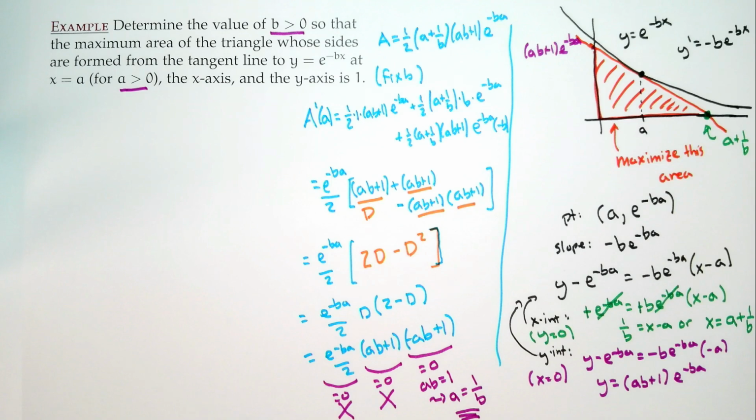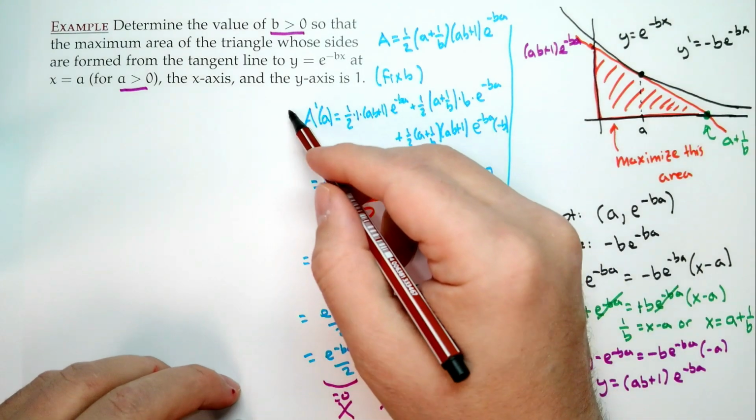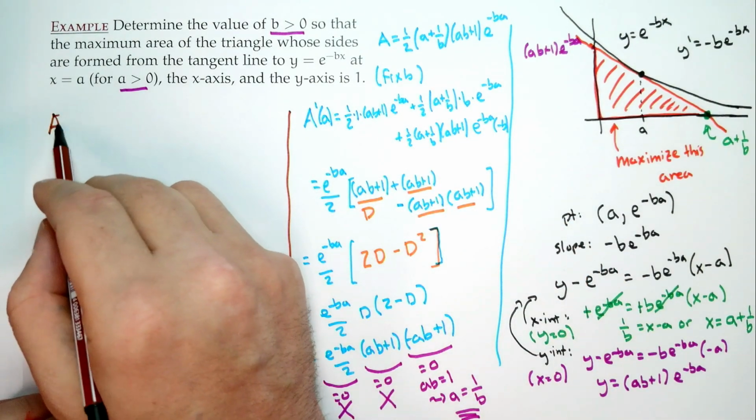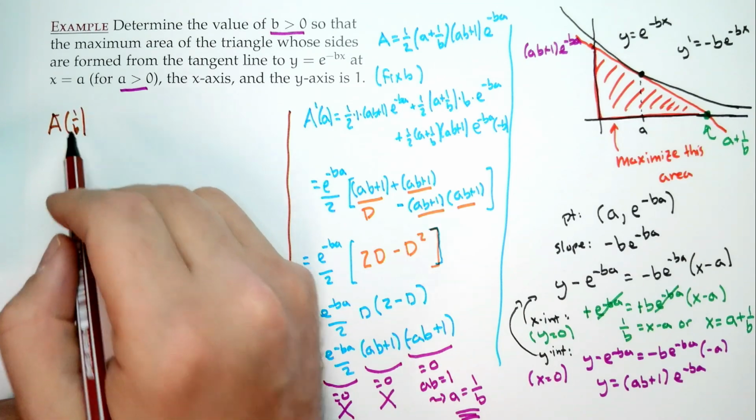All right, cool. Now, is that the maximum area? The answer is no, it's not even an area, but it tells us where to look. So now we know that our area is going to be maximized at 1 over b. So plug 1 over b into our area.